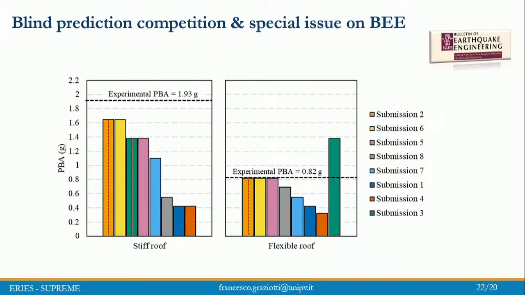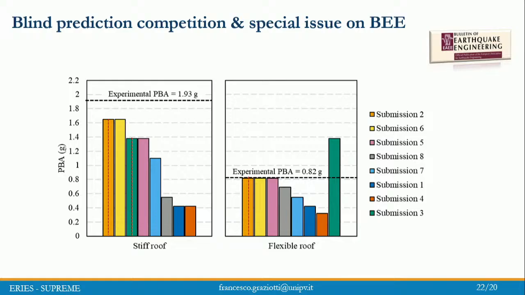We also launched, before the test, a blind prediction competition with a special issue in the Bulletin of Earthquake Engineering that will be published next month. And actually, we were surprised that eight groups actually sent their contribution.